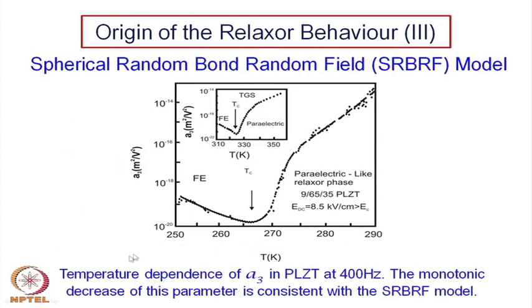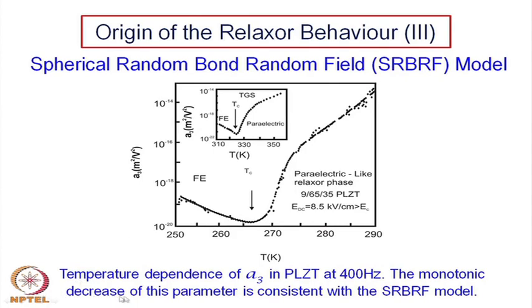Now, this A3 parameter can be determined for different PMN Relaxor Ferroelectric structures, and here there are two examples. They have been determined from the optical measurements, refractive index measurements, and one can see the A3 parameter changes monotonically as a function of temperature.